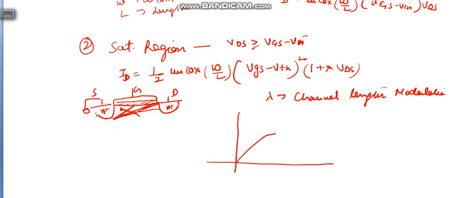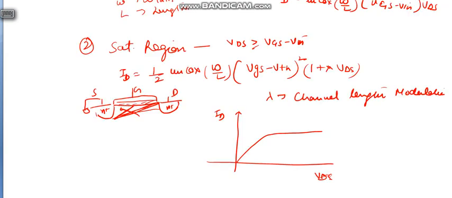So this is the ID versus VDS curve. Here for some VGS voltage, say VGS equals some VGS1, this ID is constant.